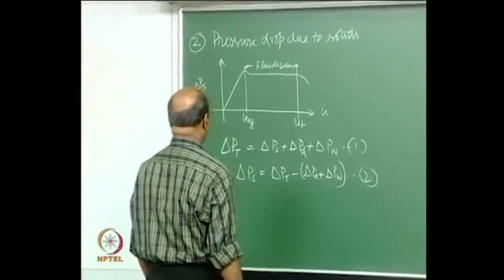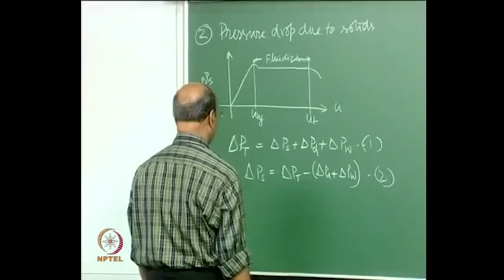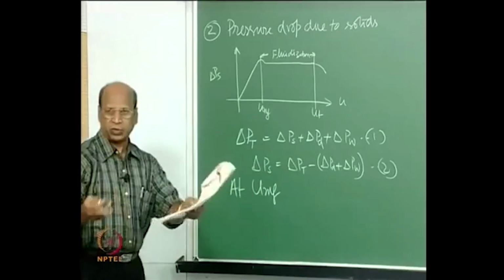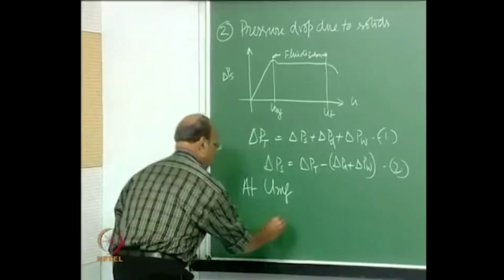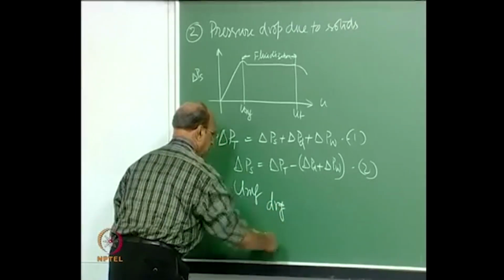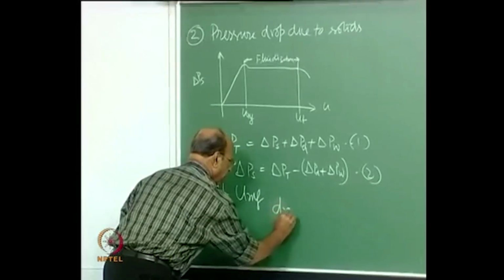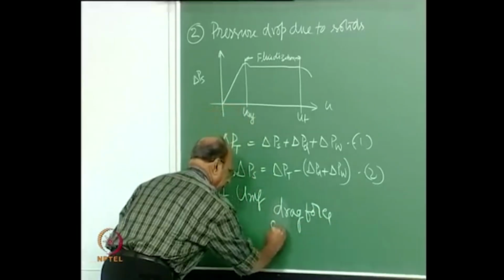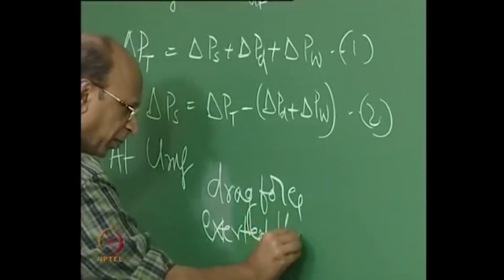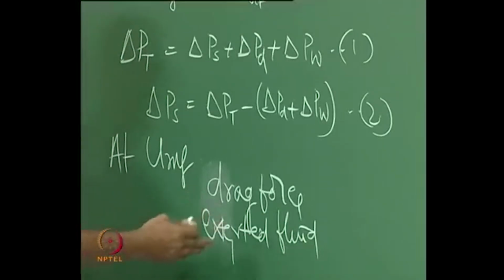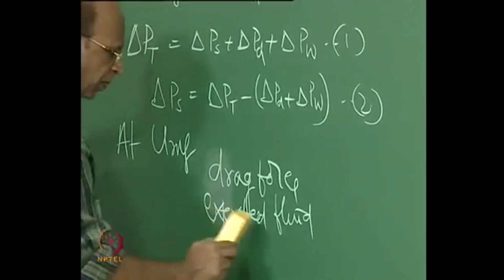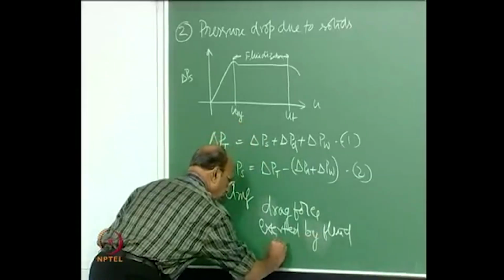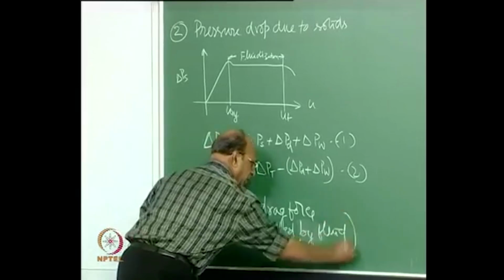So, that equation is at minimum fluidization velocity, at UMF, that means at the point of fluidization, you have the drag force exerted by the fluid on solids.